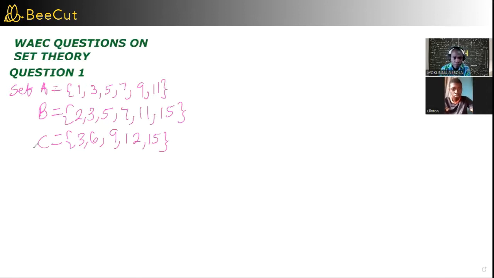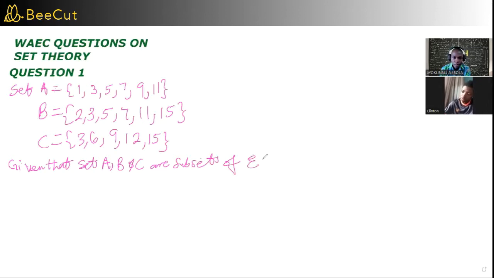So given that sets A, B, and C are subsets of the universal set E, which is 1 to 15.